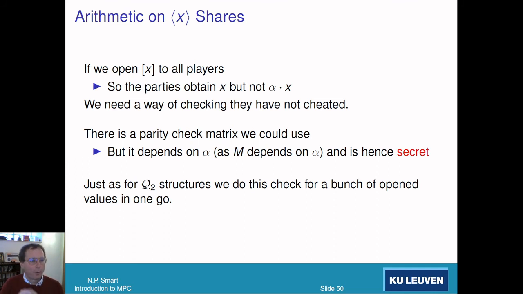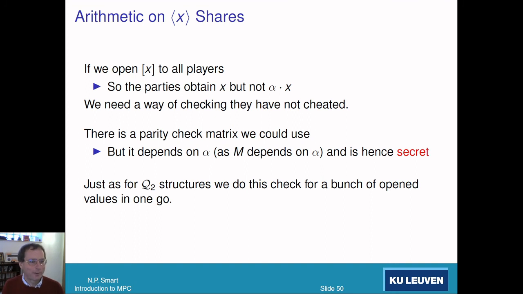But we need to check that the MAC is consistent. But we can do that, we should use the parity check matrix. I mean, that's what we did before. But the problem is, whilst there is a parity check matrix now, because we've added redundancy into the linear secret sharing scheme, which is essentially what these extra columns have done for us, we can't use the parity check matrix because it's secret.